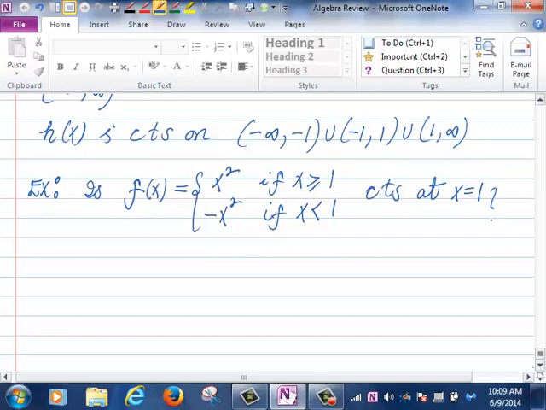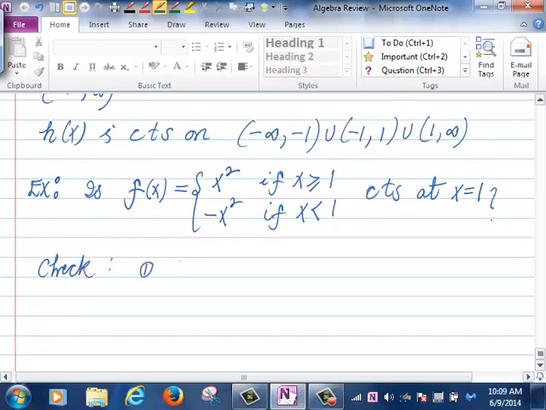How do I check? Well, I have to check whether the limit at 1 is the same as the value of the function at 1. So in order to see whether the function f is continuous at 1, I have to check two things. One is that f of 1 is defined.